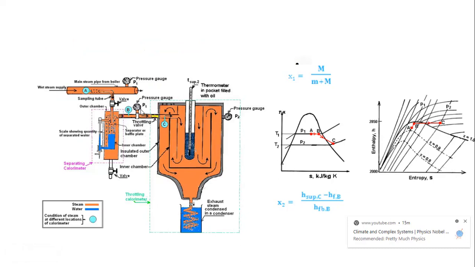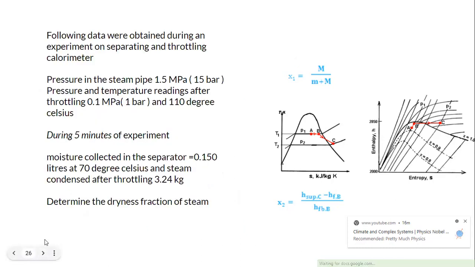Again, the pressure gauge would indicate the gauge pressure, and what is given in the problem is the absolute pressure. So we need to add the atmospheric pressure and we get the corresponding pressure. So these two readings are also taken. That is given in the problem: the pressure is 1 bar or 0.1 megapascal and the temperature after throttling is 110 degrees centigrade.